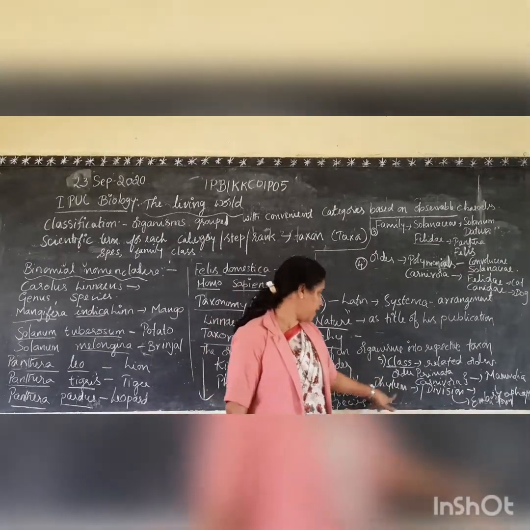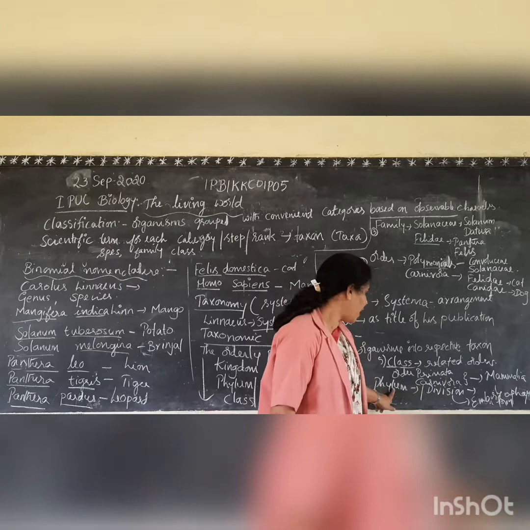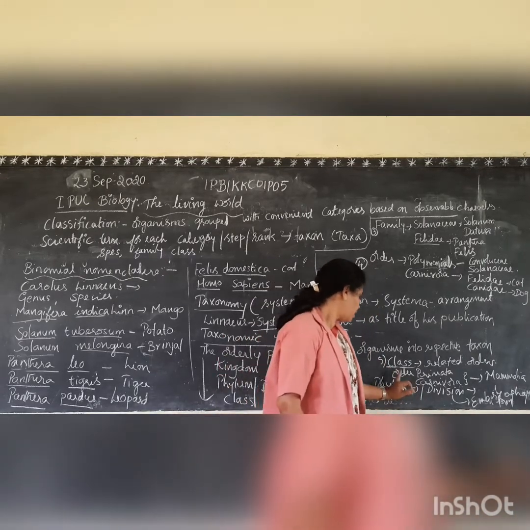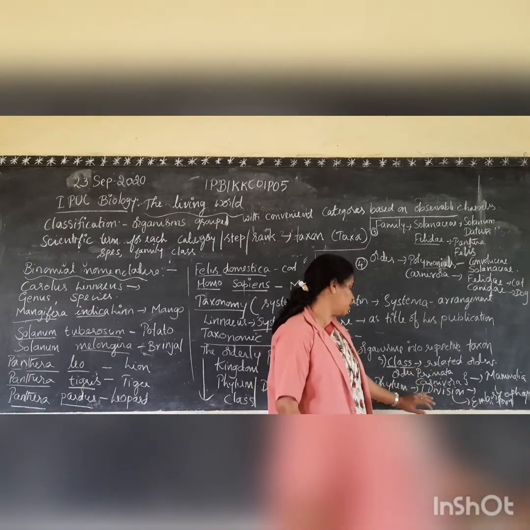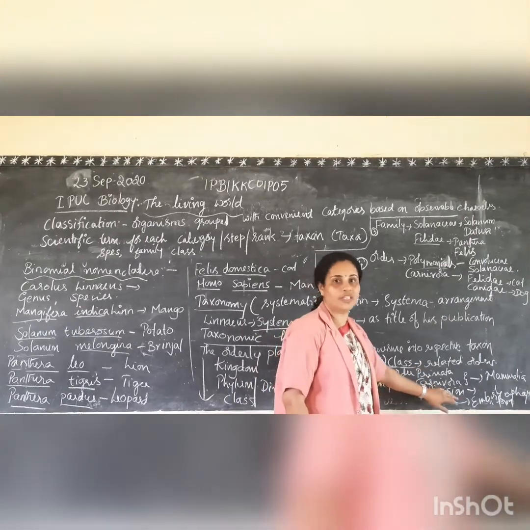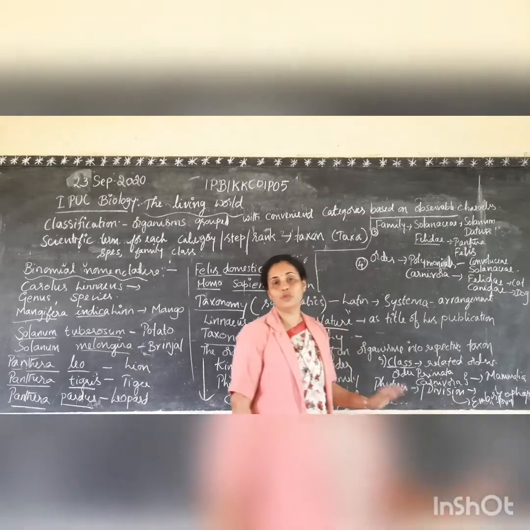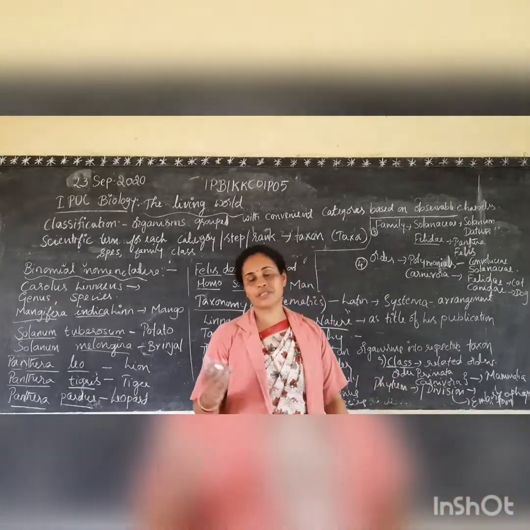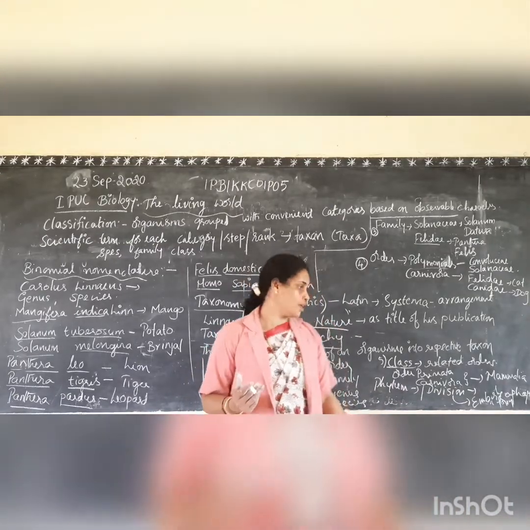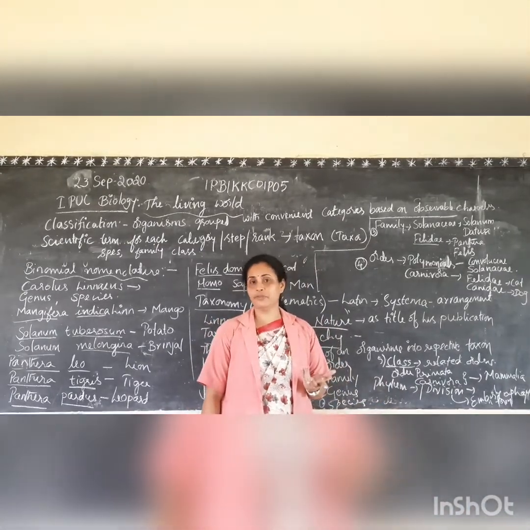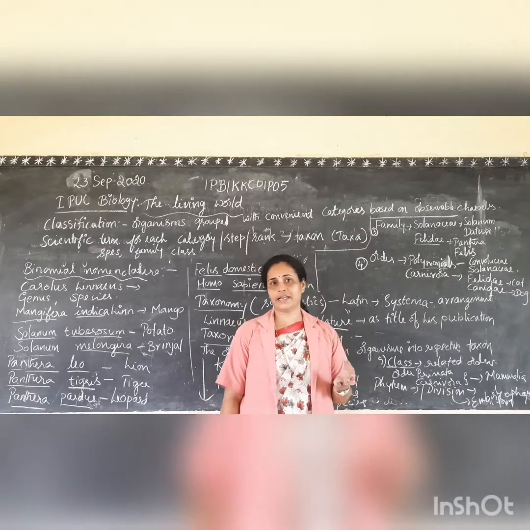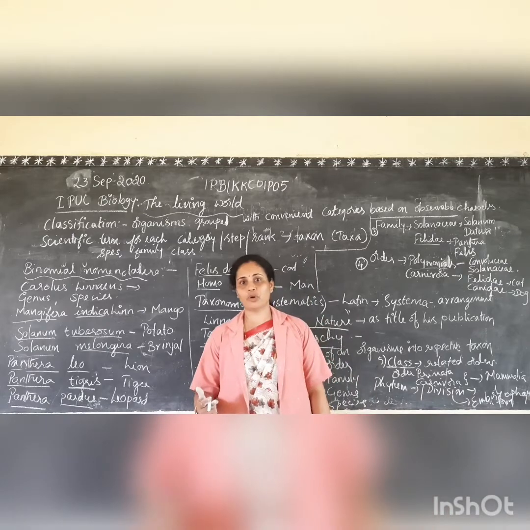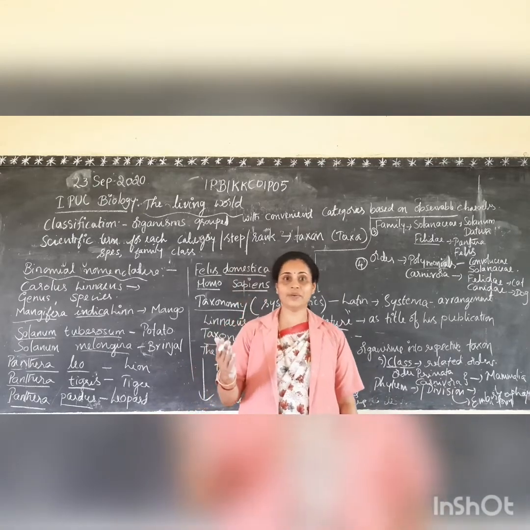After this, the higher one is phylum or division. Related classes are placed under one phylum or division. The term phylum is used for animals and the term division for plants. In invertebrates, the phyla are Porifera, Coelenterata, Platyhelminthes, Aschelminthes, Annelida, Arthropoda, Mollusca, Echinodermata.